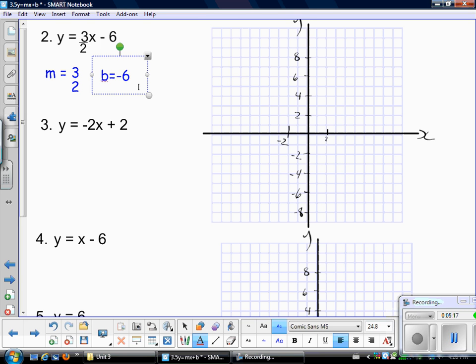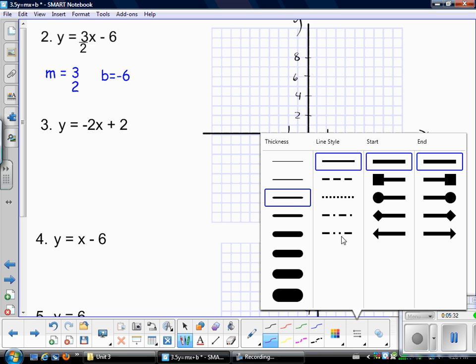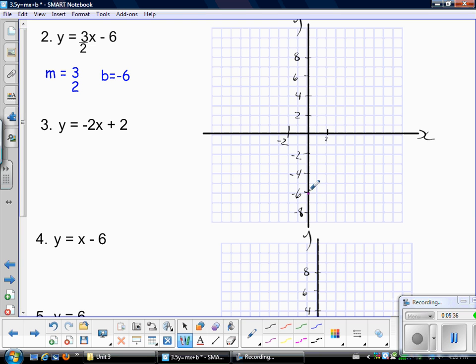-6. According to what we did on the last page, I take my pen, I find my y-axis, which is the vertical one, and go to -6. I put my point, and again I'll make it a little bit larger so that you can see it. I go up 3 over 2, rise, run.